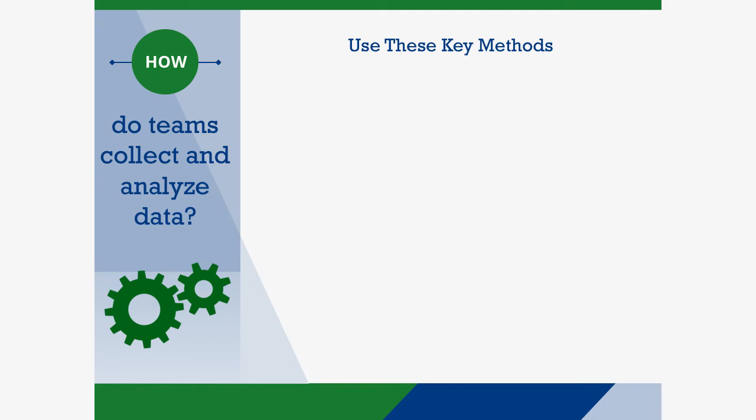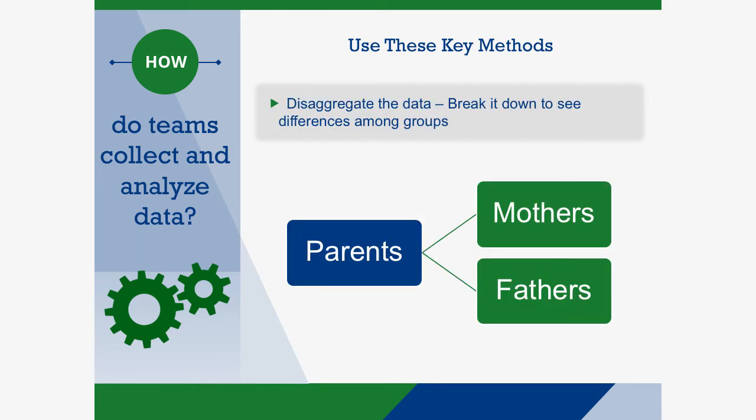Teams can begin this step by compiling and organizing the data sources described in their data plan. There are a few key methods of analyzing data that help teams dig deeper. Disaggregating data, or breaking it down, is a way for teams to look at differences among the experiences of specific groups and understand different slices of the story.